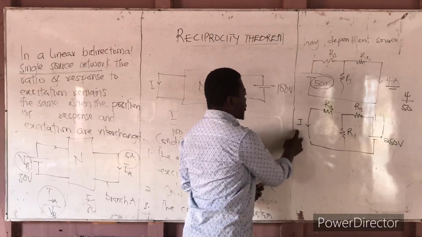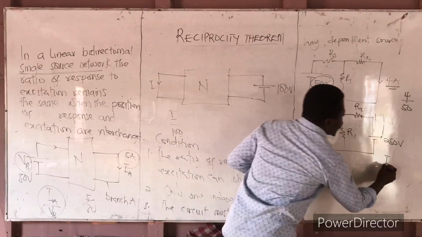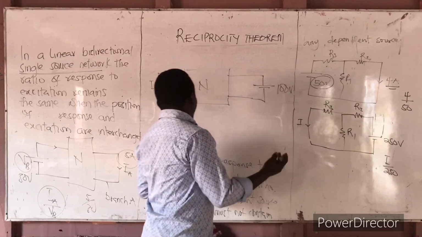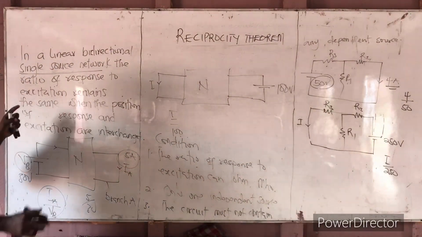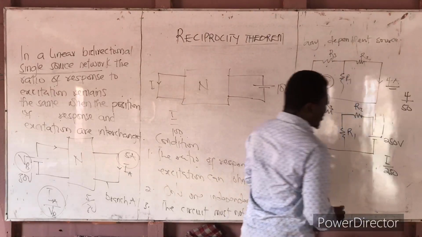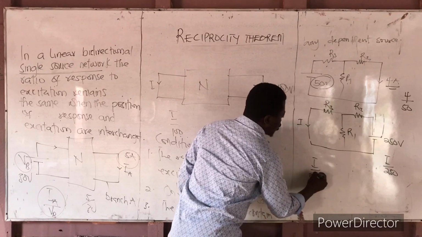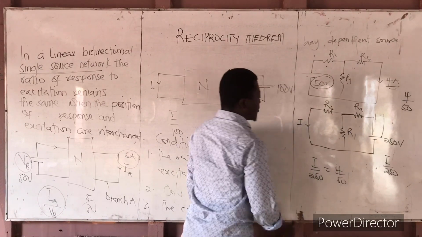But here, the response is I and the excitation is 250 volts. The ratio always remains the same, so you can equate them, and you get I over 250 is equal to 4 over 50.